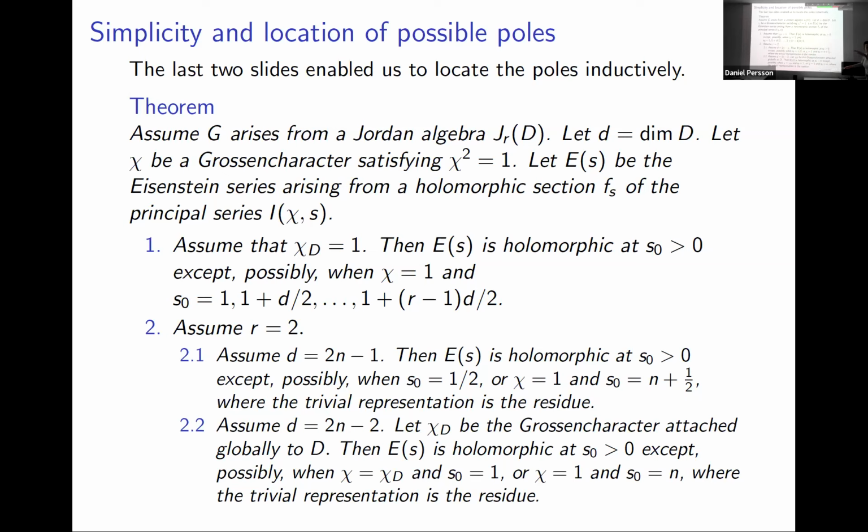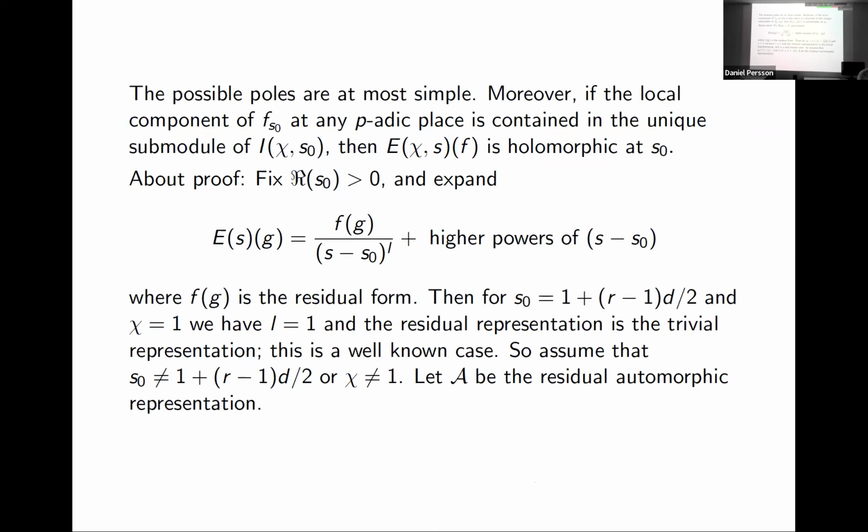It just follows the reducibility. So the possible poles are almost simple. This also comes from our inductive procedure, but because in the SL2 case we also have simple poles.